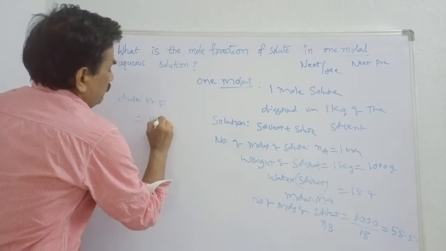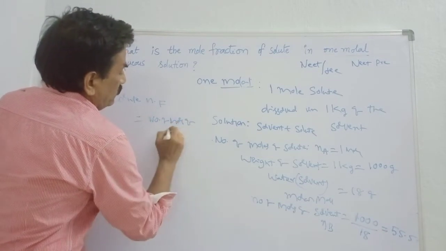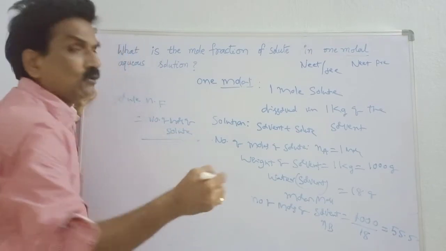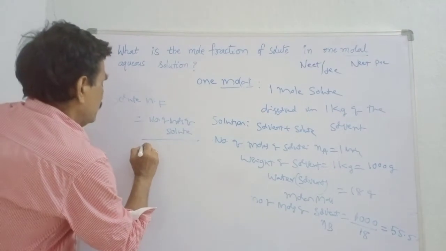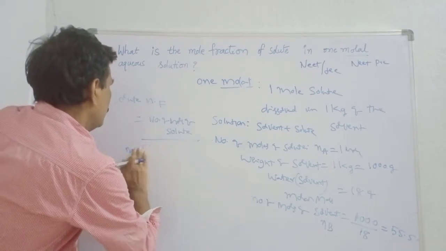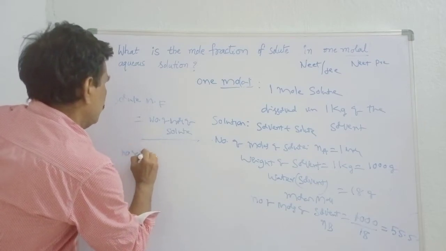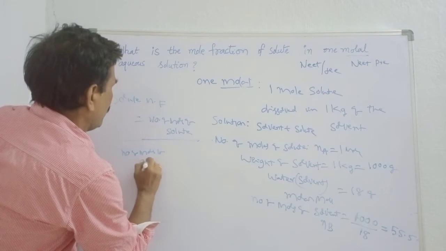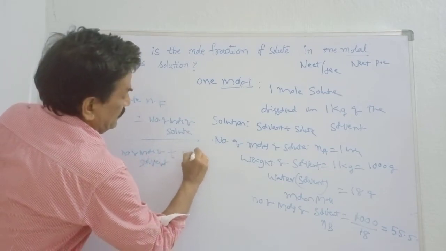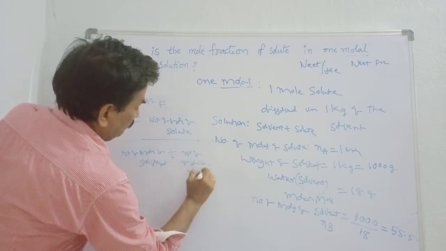Number of moles of solute by total moles, that means number of moles of solvent plus number of moles of solute.